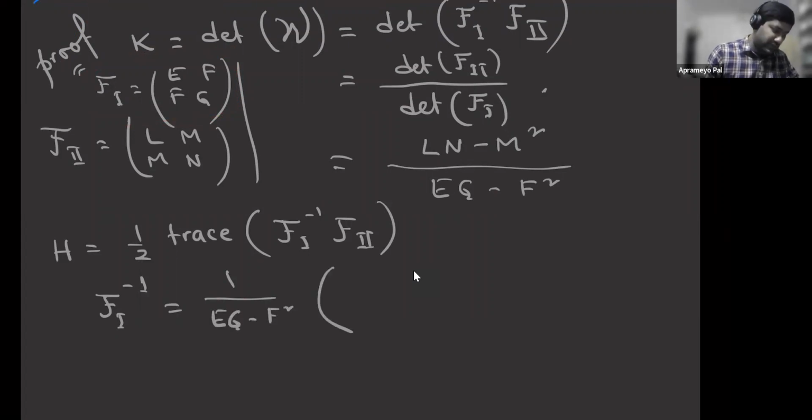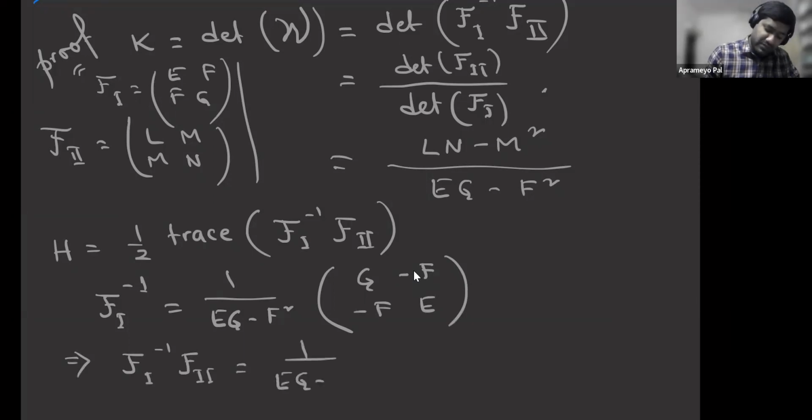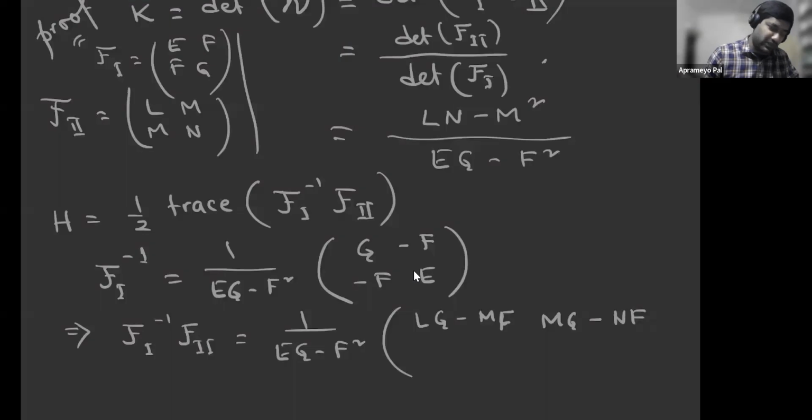That's very simple. G minus F, minus F, E. And so this implies FI inverse F double I, if you multiply the two matrices, is 1 over EG minus F square, and then LG minus MF, MG minus MF. I'm not even asking you to help me with this because these are just matrix multiplication.